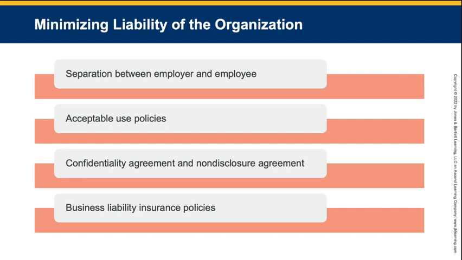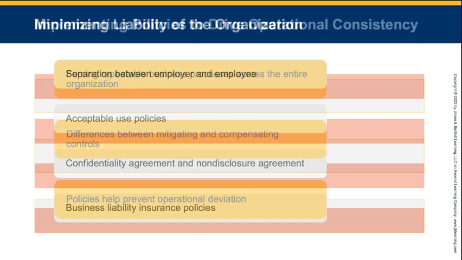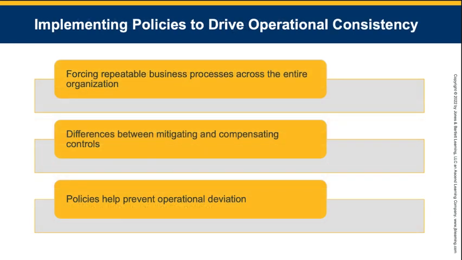And next is implementing the policy, which will fall upon how the business is able to repeat the processes which are feasible or viable for the company. They should also have different mitigation and compensation controls, for example, in the event the data was breached, and also a policy to prevent it.